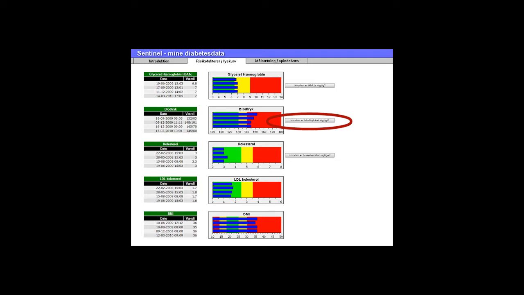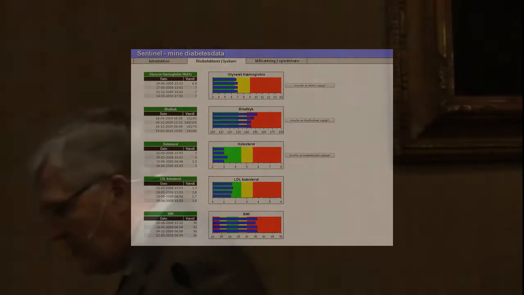We want to use this for the year control, because when we discuss with the patient, we discuss the risk of getting worse diabetes. We want to show the patient the risk factors that can be transferred.